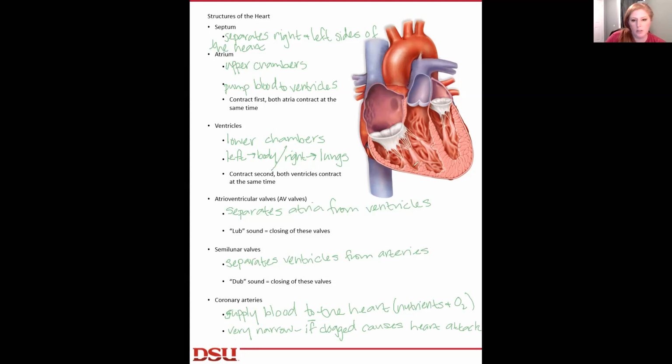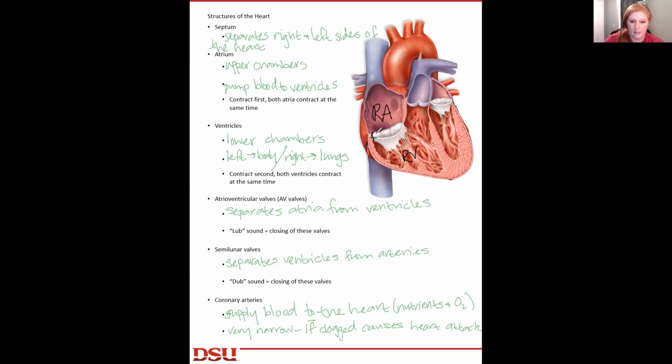Okay, let me switch. Let's go over here and look at some of these structures in the heart. So this right here is the right atrium, and this is the right ventricle down here. What separates the atria from the ventricles? That's the atrioventricular valve, or the AV valve.